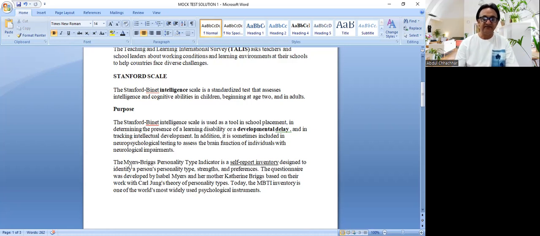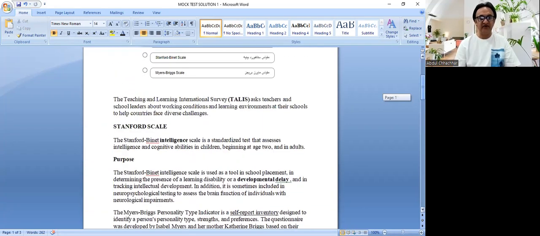Now the third one, the Myers-Briggs personality scale, has been used to identify the type of personality. It consists of 16 indicators, like sensing, thinking, intuition, and so on. So this is for identifying the type of personality. So these three are not okay.